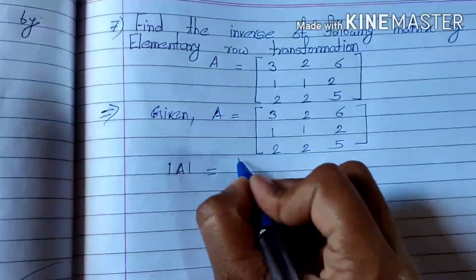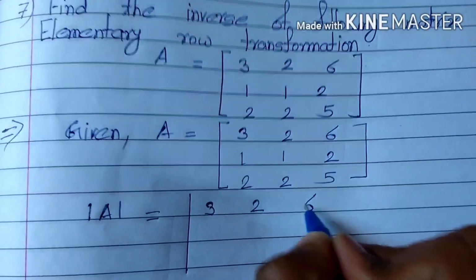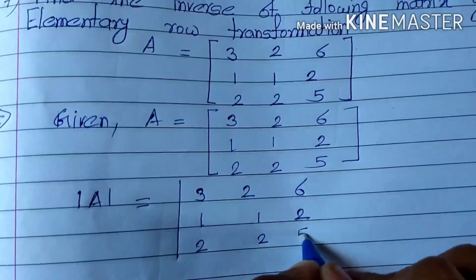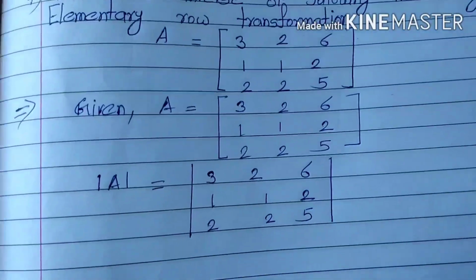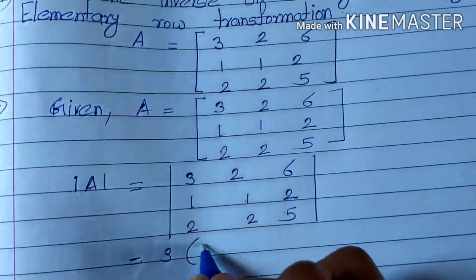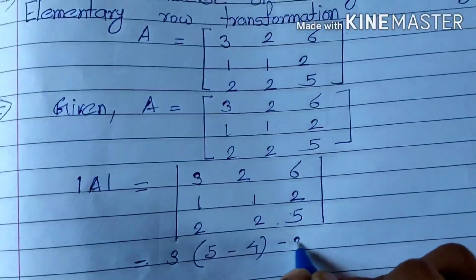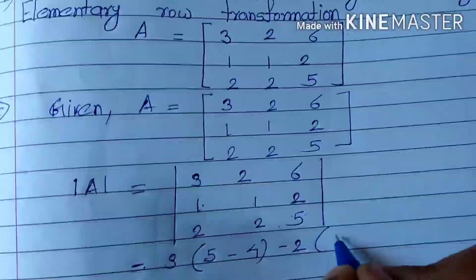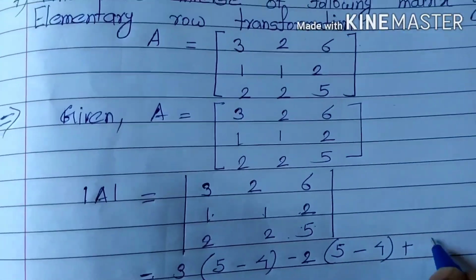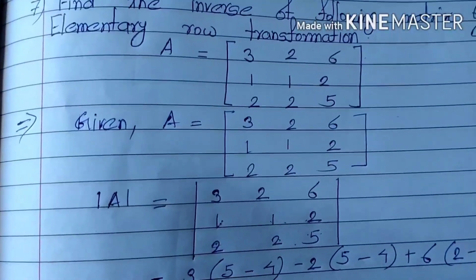Determinant of A is equal to, you know the procedure how to solve determinant. 3 into (1 into 5 minus 2 into 2), minus 2 into (1 into 5 minus 2 into 2), plus 6 into (1 into 2 minus 2 into 1).